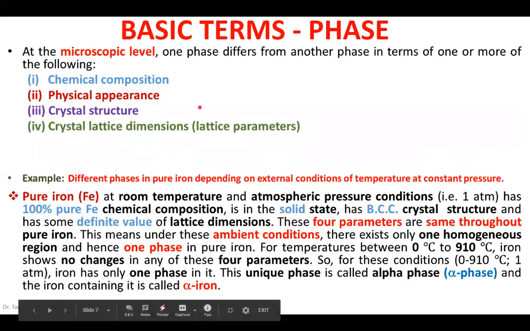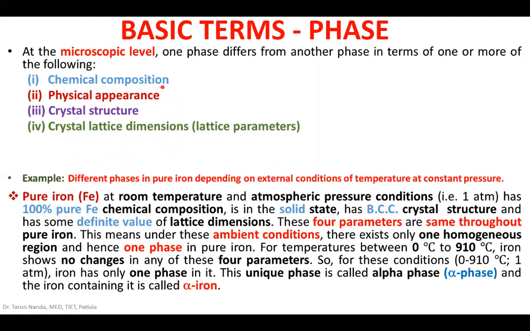So when you are looking into a metal or an alloy system, if in a region the chemical composition, the physical appearance, which means state, color, and even the physical shape, etc., that you are able to see, the crystal structure and the lattice dimensions of the crystal structure, if all these 4 things are the same, then the particular region where all these 4 things are the same represents a particular phase.